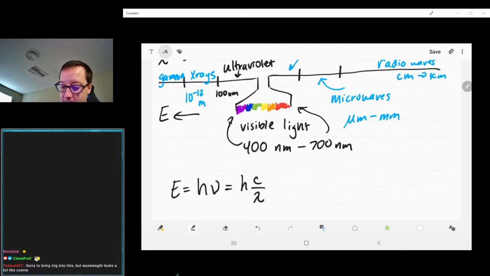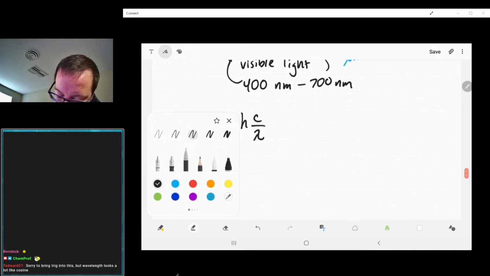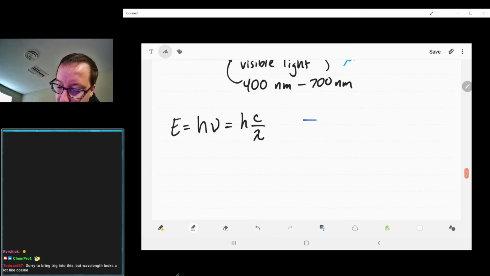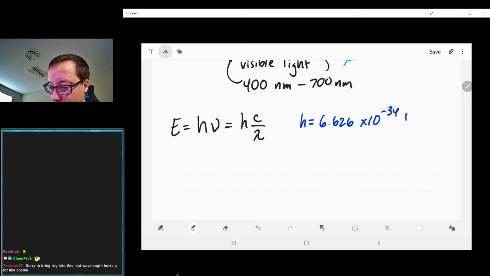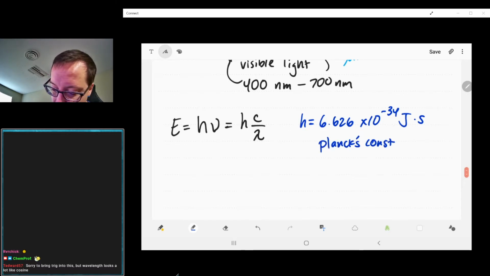We're not going to have to calculate this necessarily, but it's basically how we can relate energy to the frequency or to the wavelength.